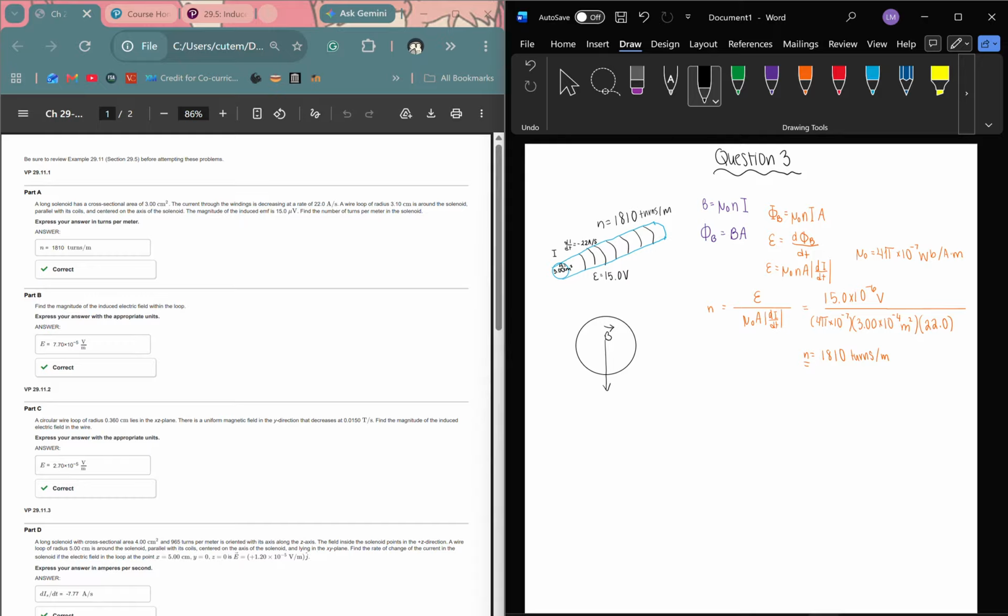This is the magnetic field, I think. Hold on, let me think how I would have to draw this.